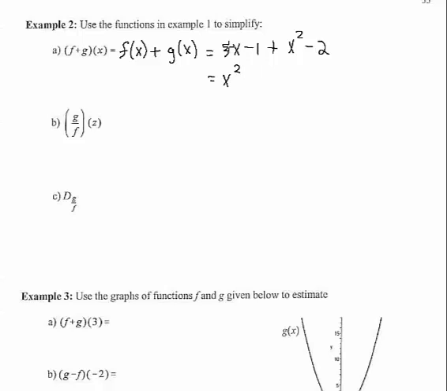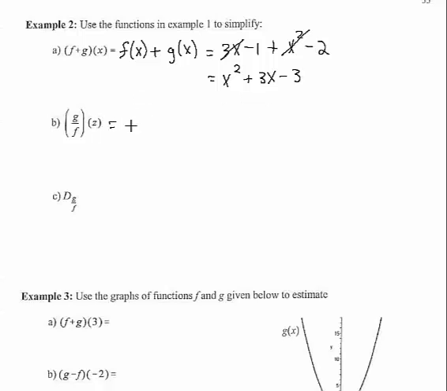And then I have a 3x, which is the only x term in the expression. And now I'm only left with constants, negative 1 and negative 2. Combine those or add those, I get a negative 3. And so f plus g of x is x squared plus 3x minus 3.